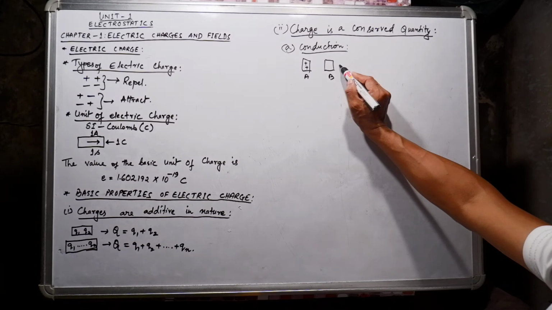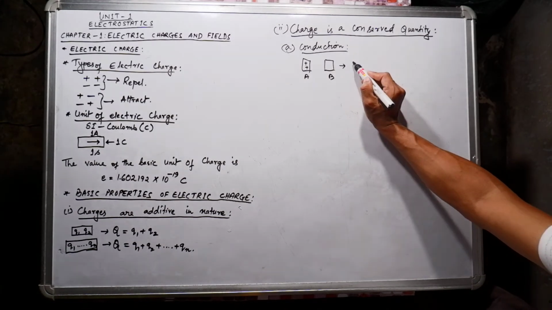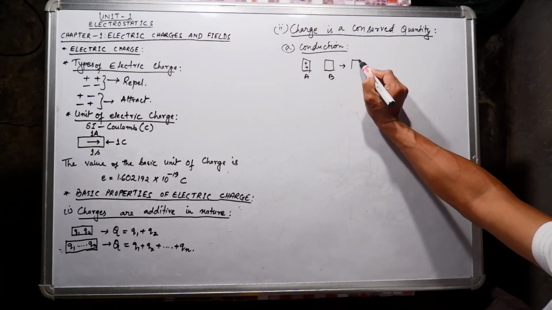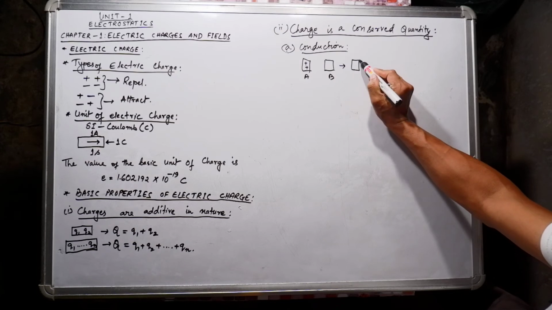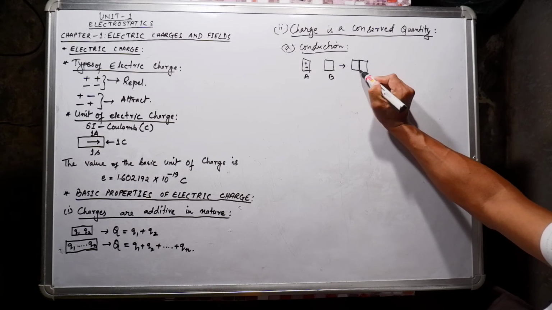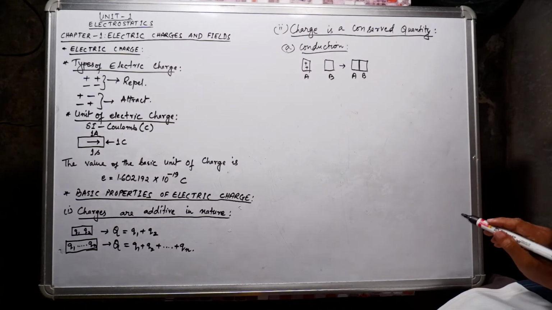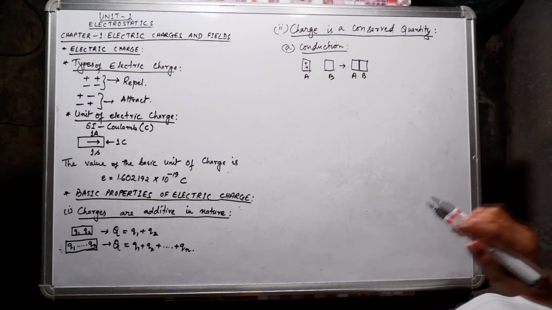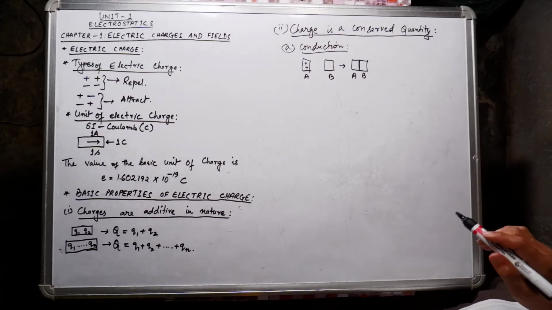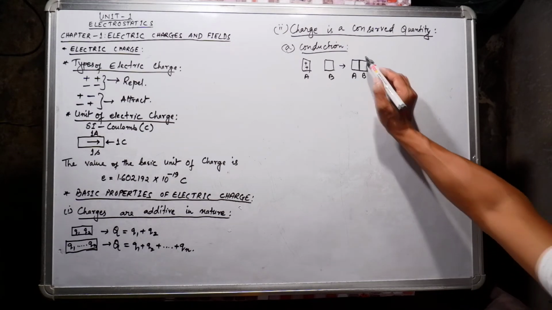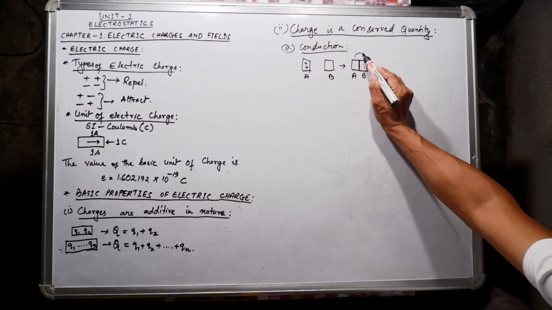Now, according to this method, what happens? Next step, we bring body A and body B in contact with each other. The moment body A and body B are in contact, some of the free electrons from one body will flow to the other.